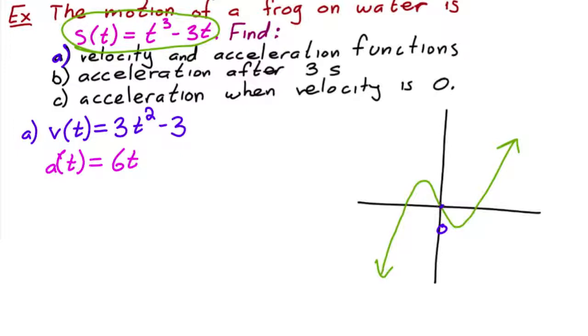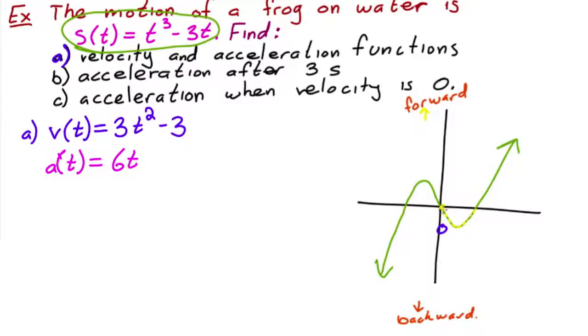First off, when the position is negative, all that means is that the frog is going in a backwards direction. The positive y values mean that the frog is going forward, and the negative y values over here just mean the frog is going backwards from his starting point.